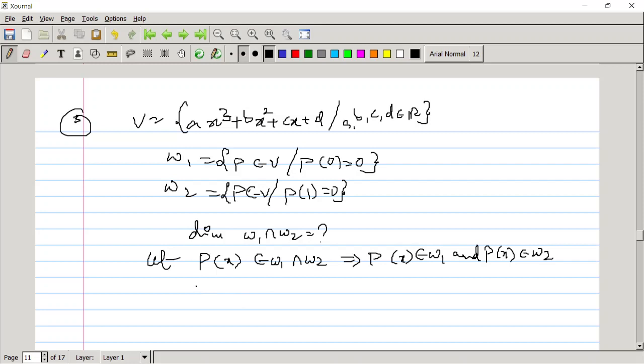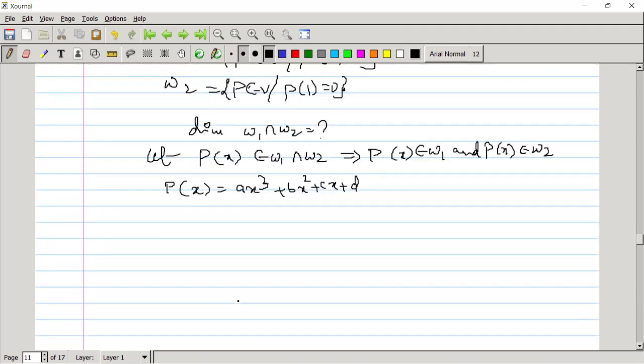So let me consider the general form of the polynomial, p of x equal to ax cube plus bx square plus cx plus d. Let me write it clearly. Let this polynomial belong to W1 intersection W2.